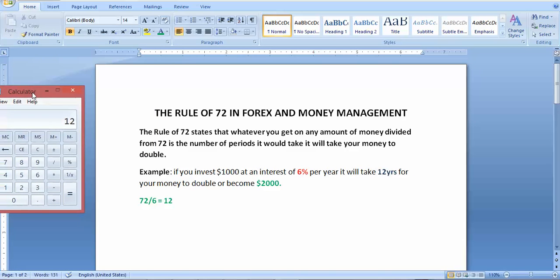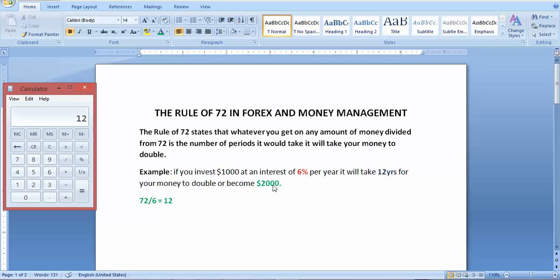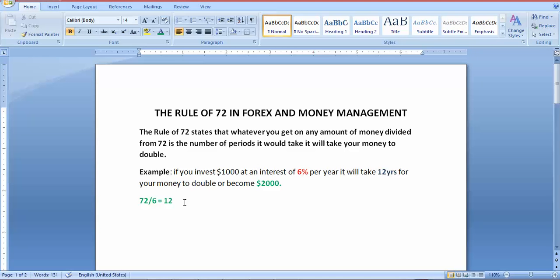Yeah, let me keep the calculator here, because we'll be doing some extra calculations now. So let's just say that you were making about, say, 15% per annum with the same invested amount. So the period here is still 1 year. You invested $1,000 at 15%.